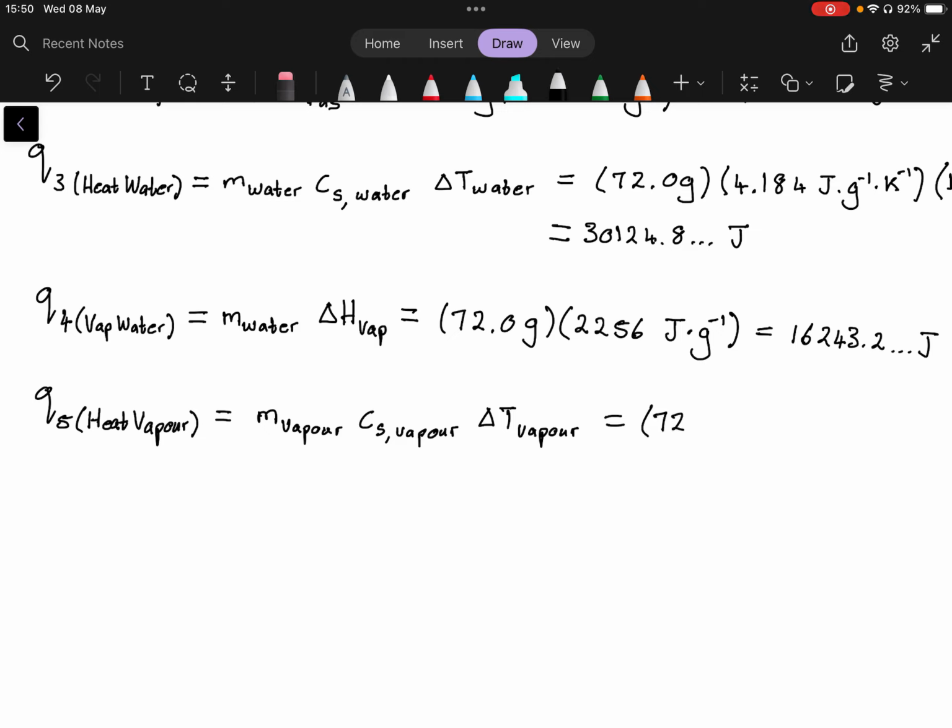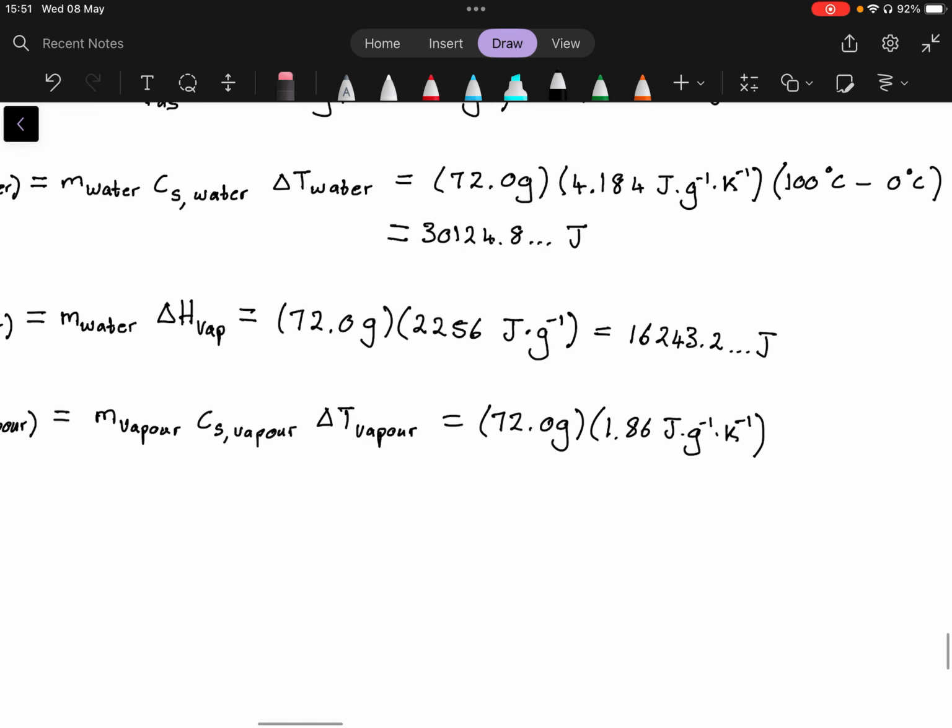That then equals 72.0 gram multiplied by 1.86 joule per gram per Kelvin. And for the temperature change, we want to get to 120 degrees C, but we start at 100 degrees C. This value is equal to 2678.4 joule.